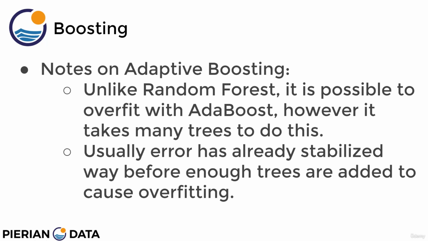You'll get a very similar behavior for adaptive boosting, where even if you keep trying to add more trees, you're not really going to decrease your error. However, if you try to push way beyond that, you will eventually produce an overfitting model. So keep in mind that it is possible to overfit, but usually you're not going to hit that because you're not going to see that improvement in performance until you go way beyond what's necessary.